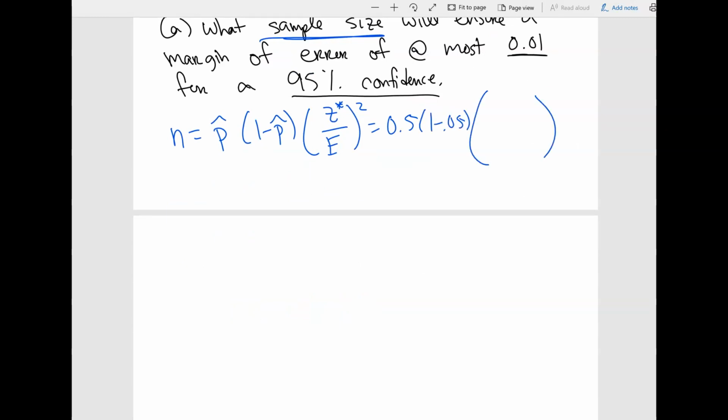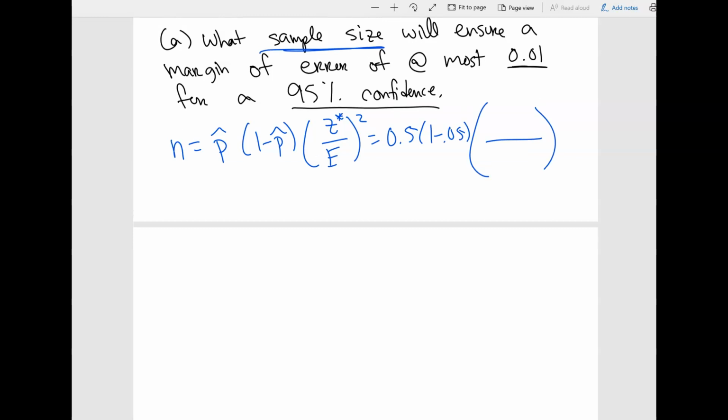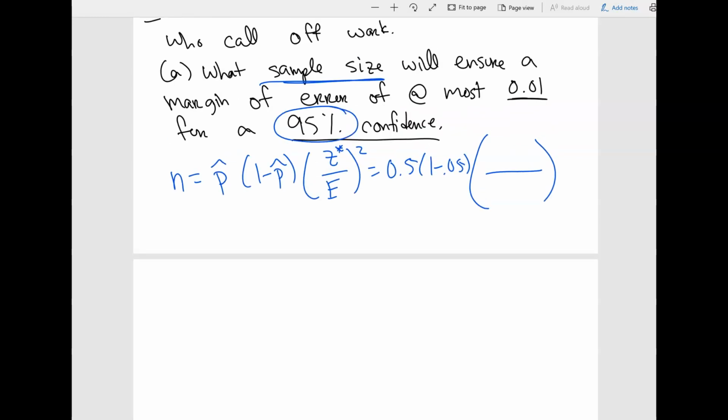Now, what is Z star? Well, if we want a 95% confidence, Z star is just going to be 1.96. And then E is my error. I want my error to be at most 0.01. So now I'm going to put this into my calculator: 0.5 times 1 minus 0.5, times 1.96 over 0.01, and I'm going to square the whole thing.